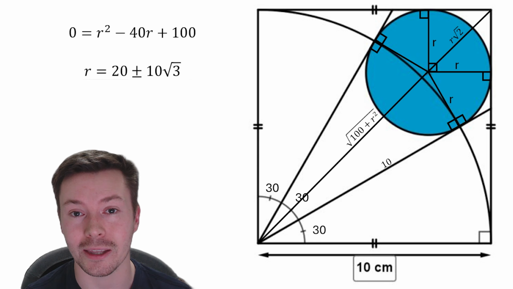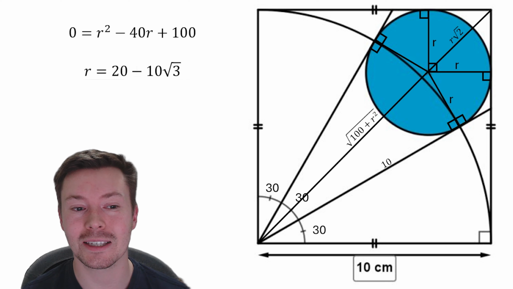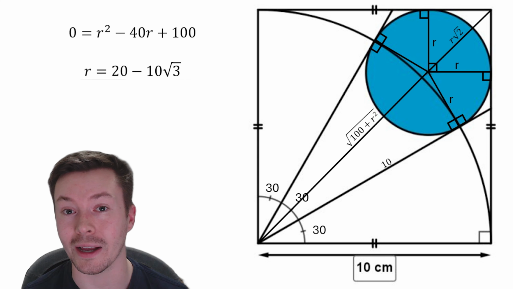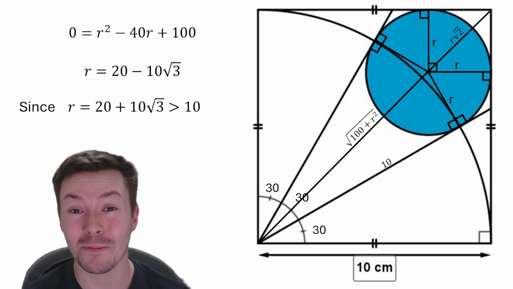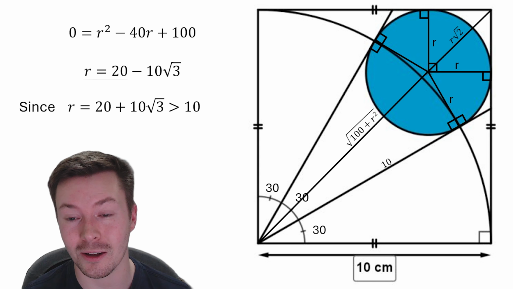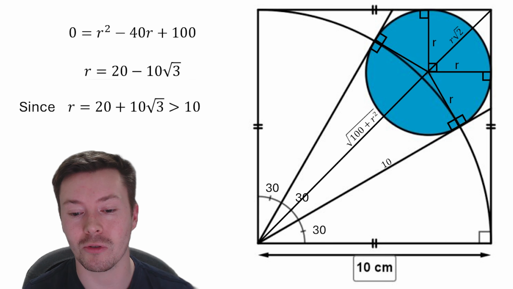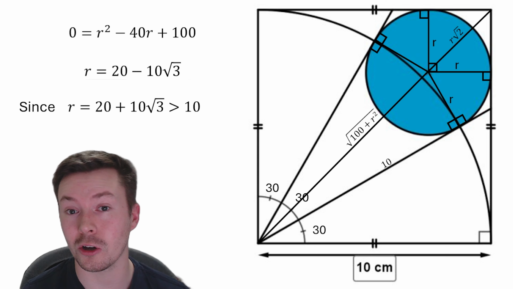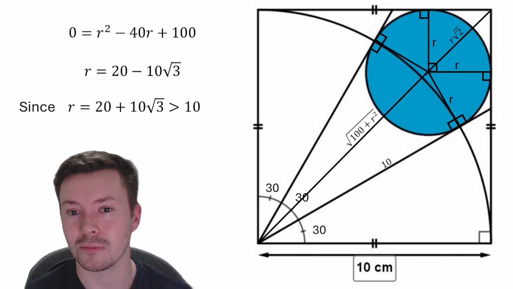Now, when you calculate this, what we get is that actually the only possible solution is 20 minus 10 root 3. And that is because 20 plus 10 root 3 is greater than 10, and we can't have r being greater than the side length of the square. Just visually that doesn't make sense, but also we'd end up with a circle which is larger than the square essentially.